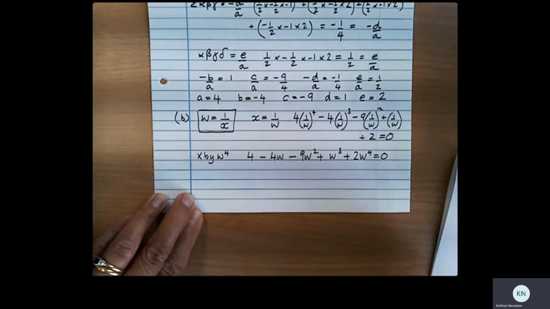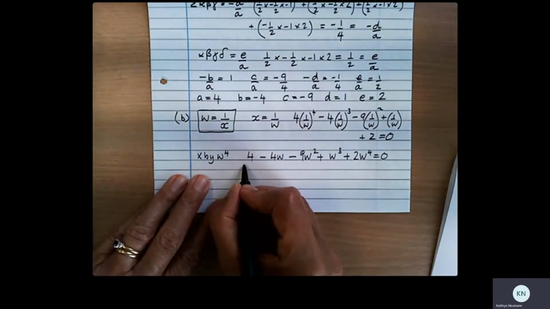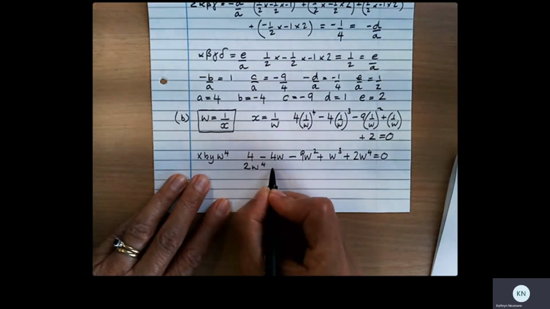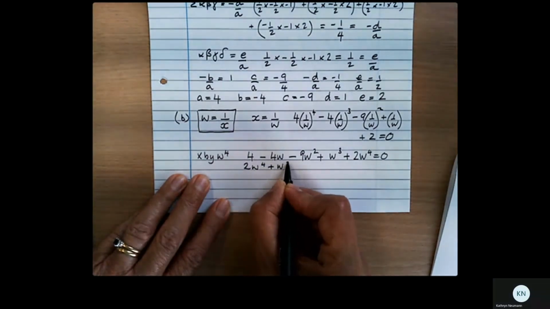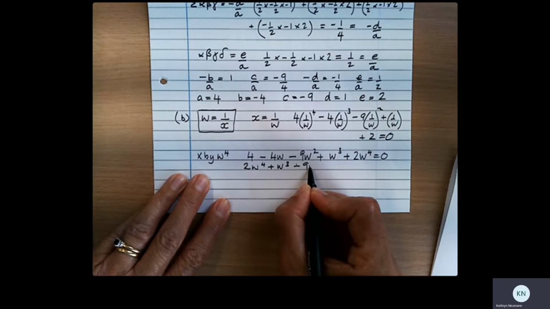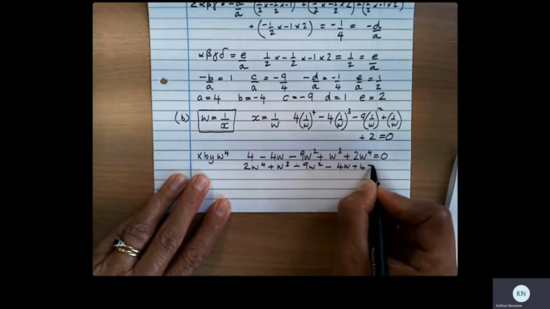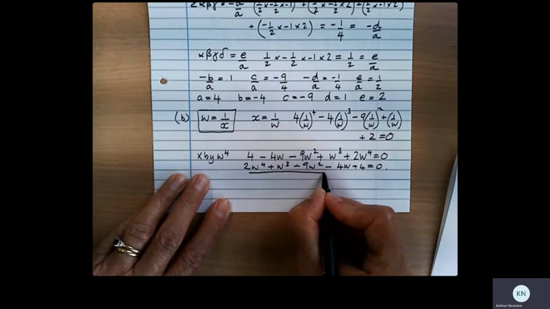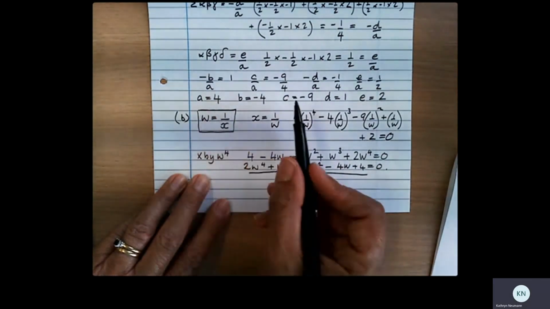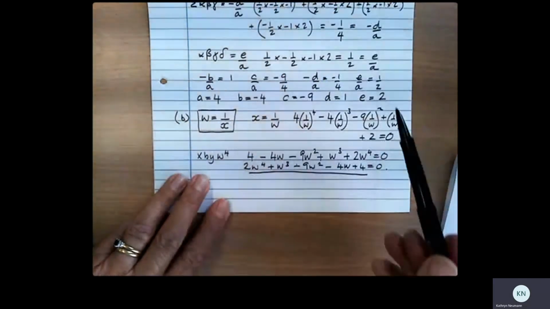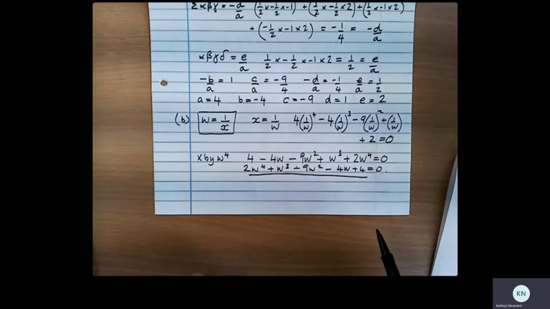And I would probably rewrite that with the powers descending. So this equation here, 2w to the 4 plus w cubed minus 9w squared minus 4w plus 4 equals 0, will have roots 1 over all of these values that we had in the first equation.